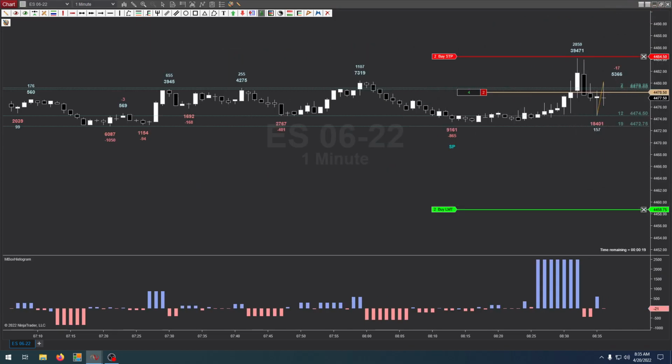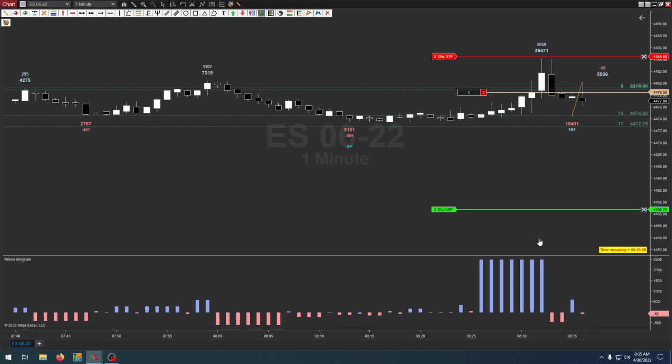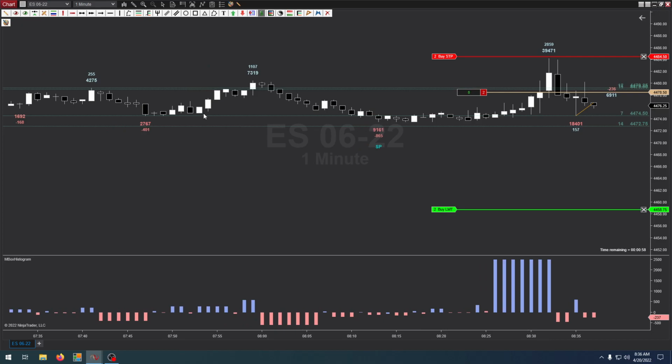Let's see over here on the 1 minute. We had a lot of demand come in leading into the open. And then during the open right here, even with all that demand, buyers couldn't hold it. Sellers took it back over here and it closed below this level right here, which I have for this.